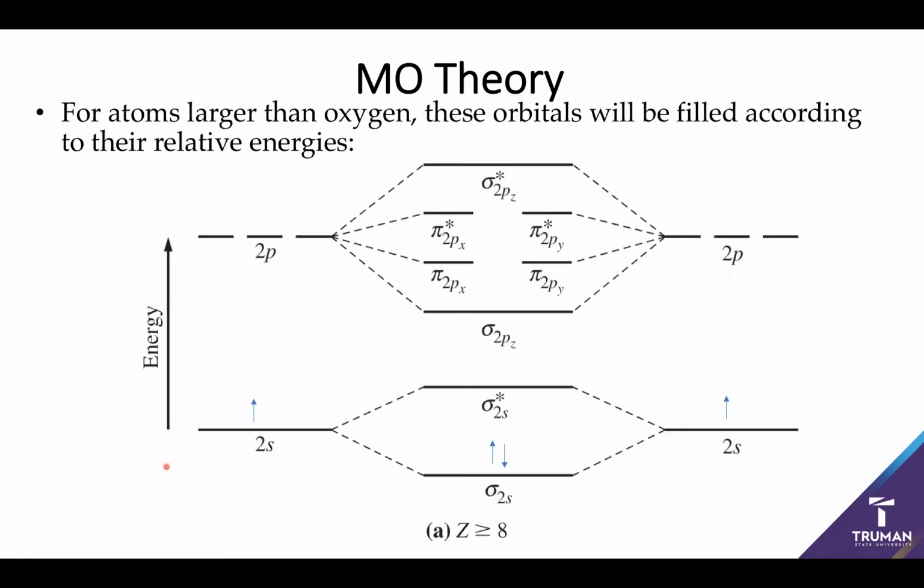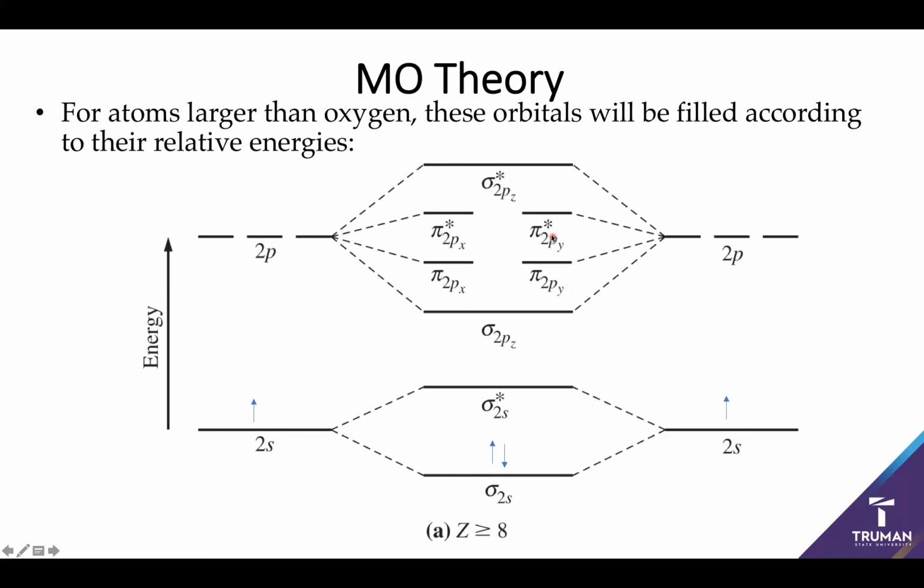Now, if I've got any atom larger than oxygen, we have a fairly simple sort of idea here. My s orbitals will mix just like in hydrogen. I'll make a sigma bonding and a sigma anti-bonding from those s orbitals. Electron density between, electron density pulling apart. And we have the same thing with the p orbitals.